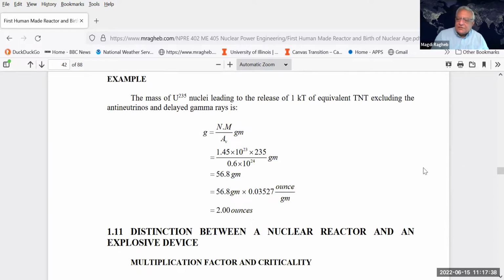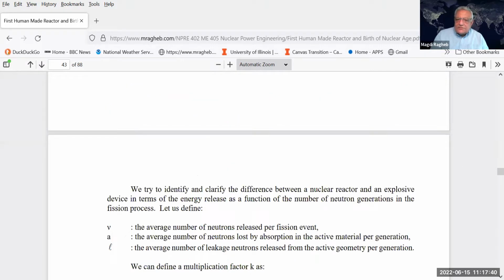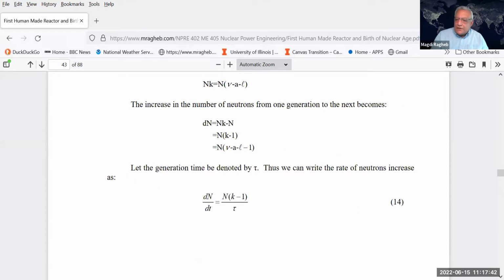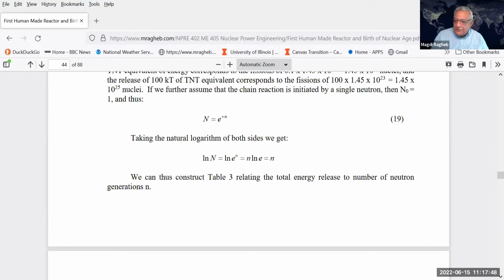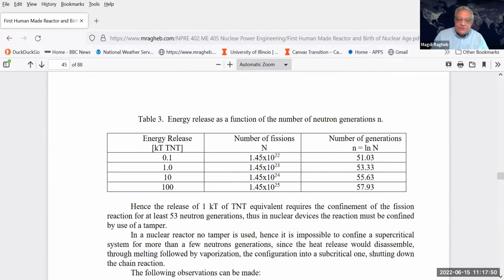TNT in general. You can read about the distinction between a nuclear reactor and the nuclear explosive, and in the end, the nuclear reactor cannot explode as a nuclear explosive because you have to contain the fission reaction over at least 10 to 100 generations of neutrons.